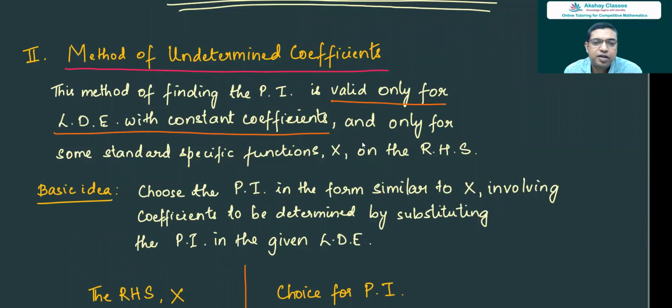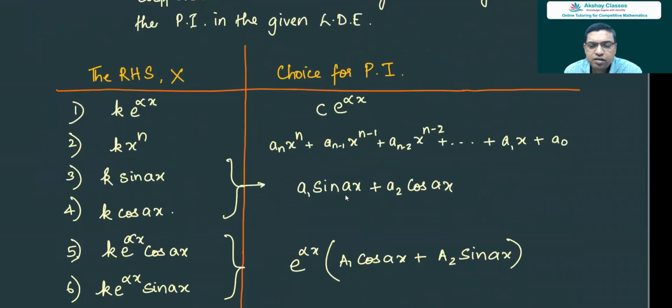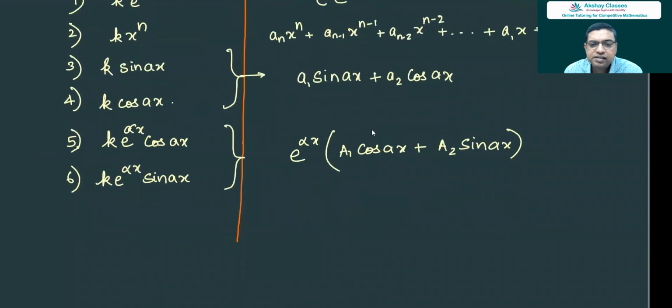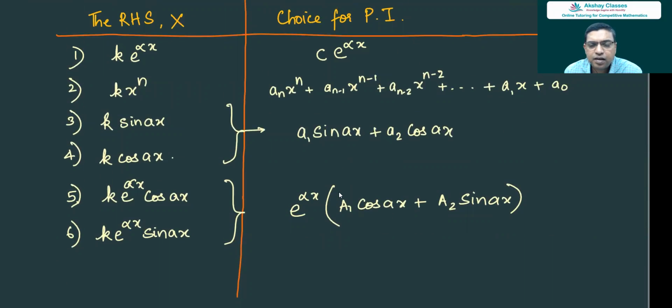Method of undetermined coefficients. What have we done? Based on X, we choose a particular PI and then substitute that in the equation and we find the solution.